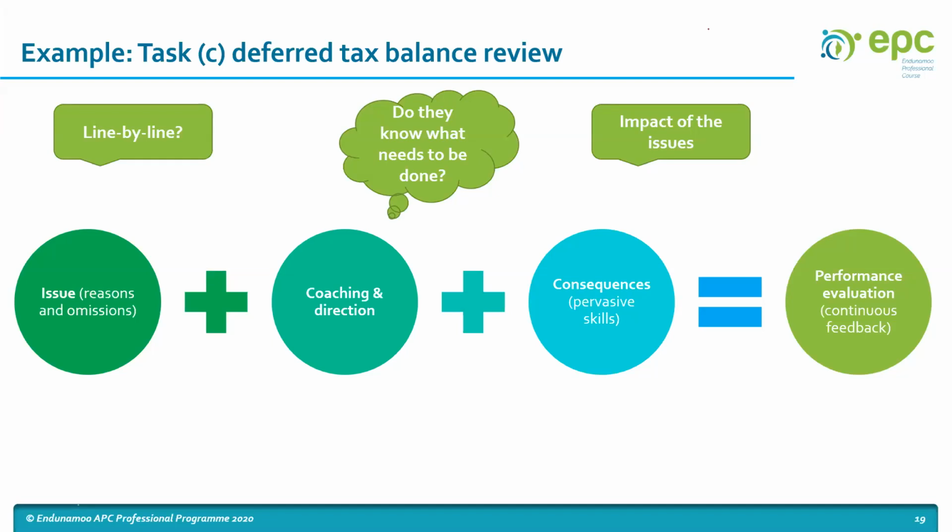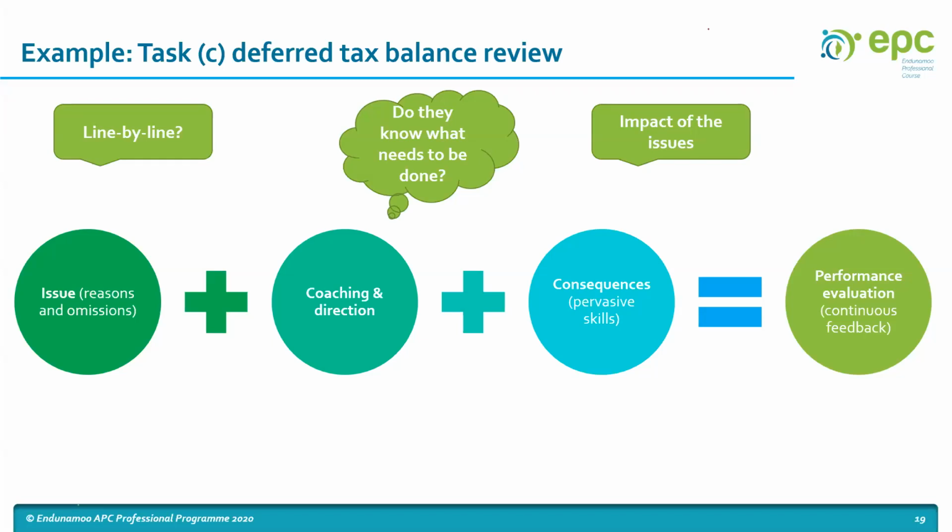Because you need to then sit back again and say, the fact that I've identified so many review comments and demonstrated what you need to go and correct, what are the consequences of you having gotten all these deferred tax balances so wrong? At least it's a deferred tax balance.